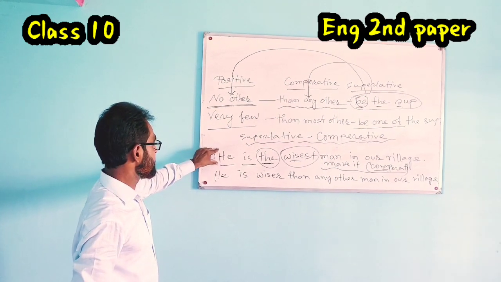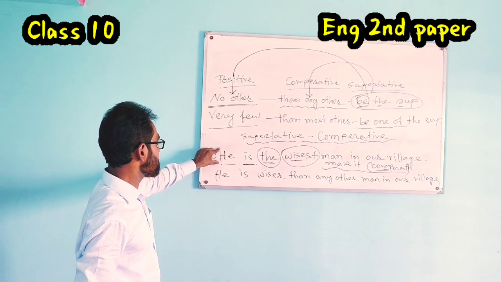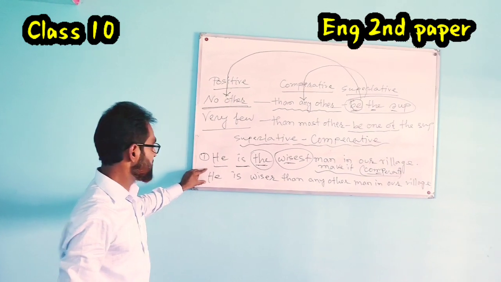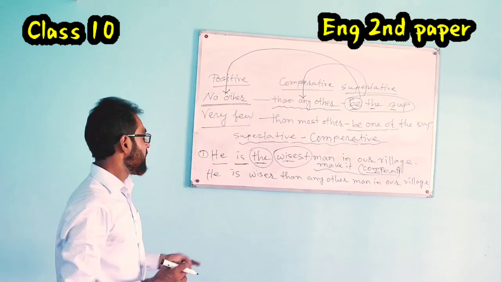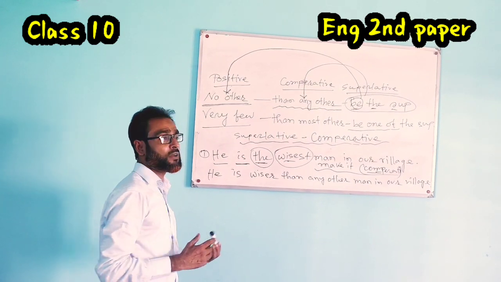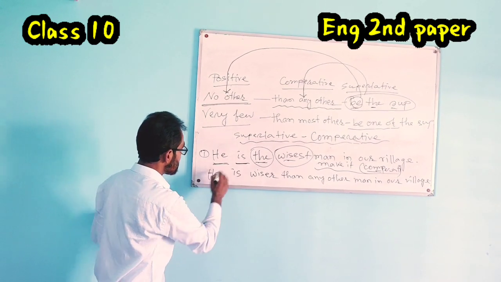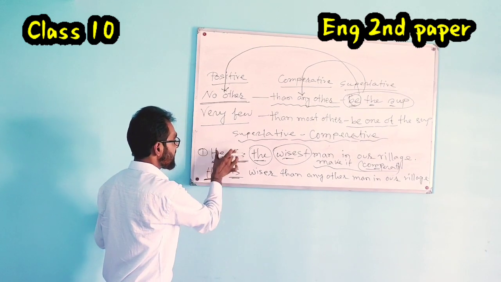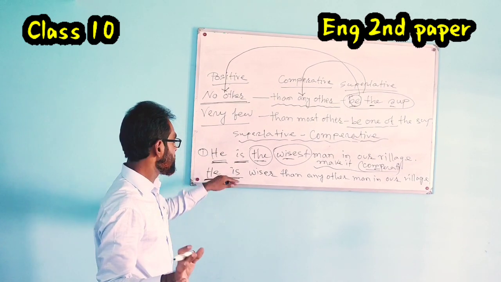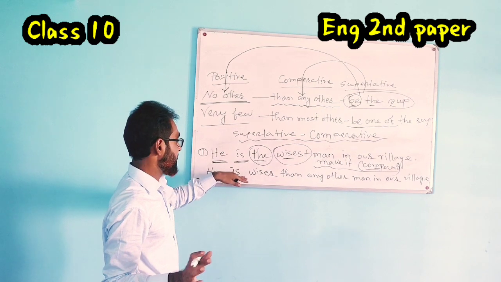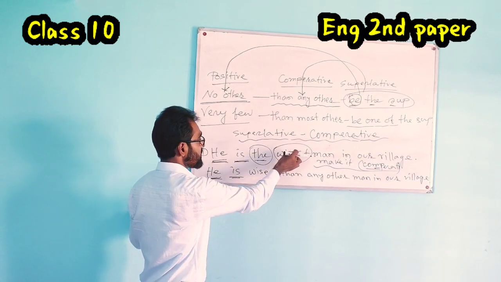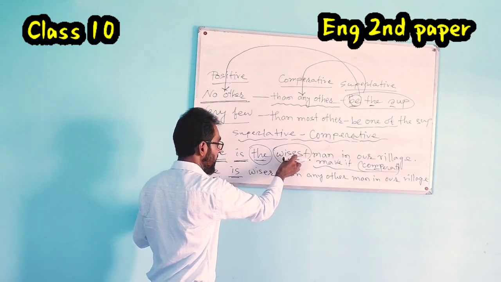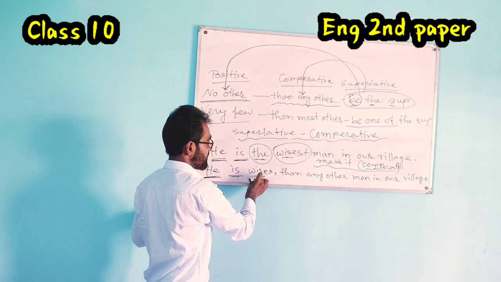This is a superlative degree, and that is a degree of comparative. How have we done it? At first the subject, then the verb. Subject and verb will not be changed here. Then the comparative form of wisest, wiser.